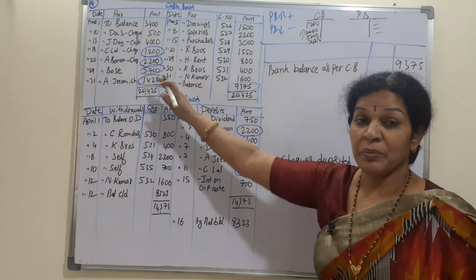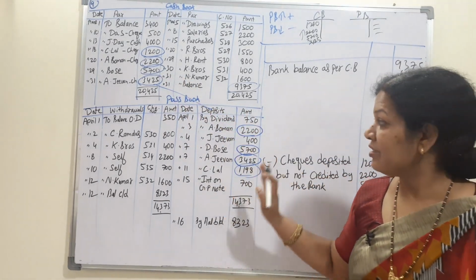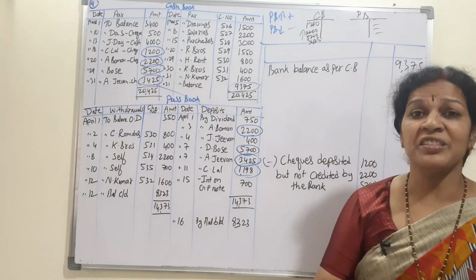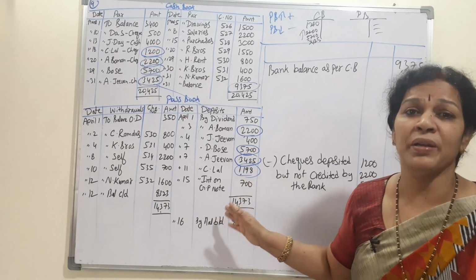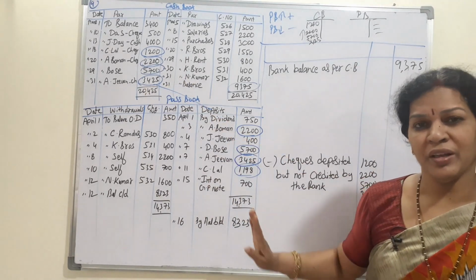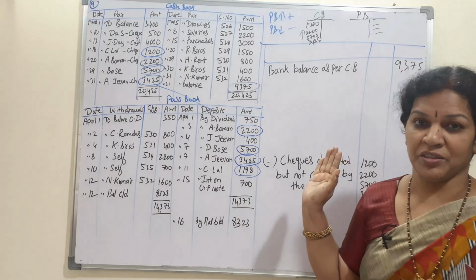This we have checked from the debit side, that is the deposit side. For the deposit side we need not tally further, because this is April. Why do you want to tally with March? Not possible. So that is why we have checked only one side.